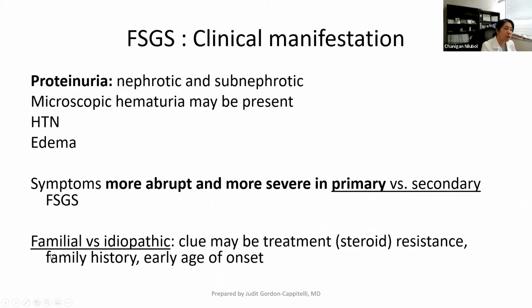If it's familial, a genetic mutation affecting the foot process structure, then treatment with steroid, for example, is not going to be effective, right? You can't use steroid to fix the abnormal structure in the basement membrane. So you can raise the suspicion that it may be a familial form if the patient does not respond to the steroid.